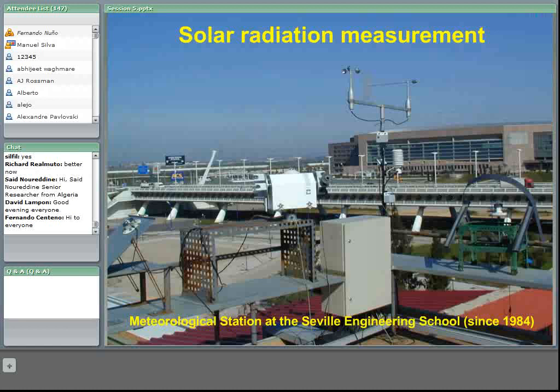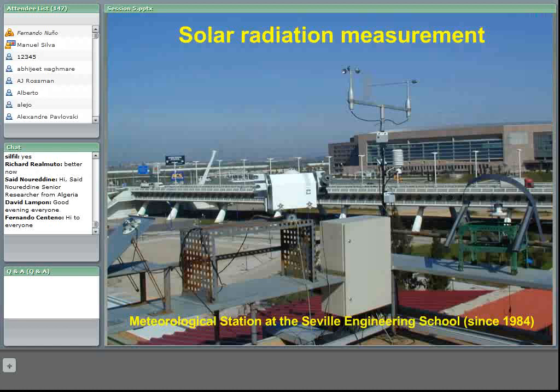In this picture we can see the solar radiation measurement station we have at the Civil Engineering School. This station has been measuring since 1984. It was in a different building, placed a few kilometers from here, from 1984 to 1998, and we moved to this new building in 1998.